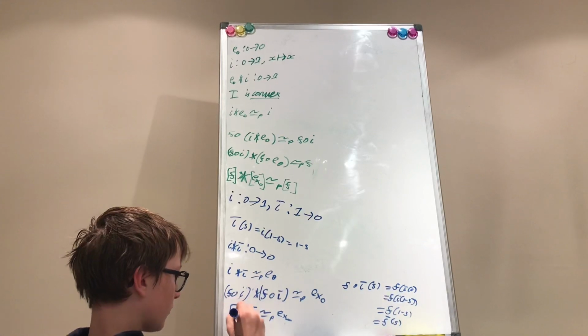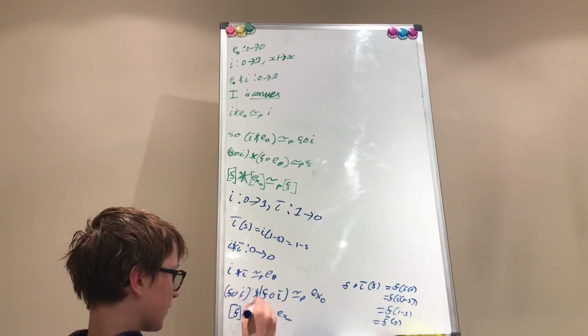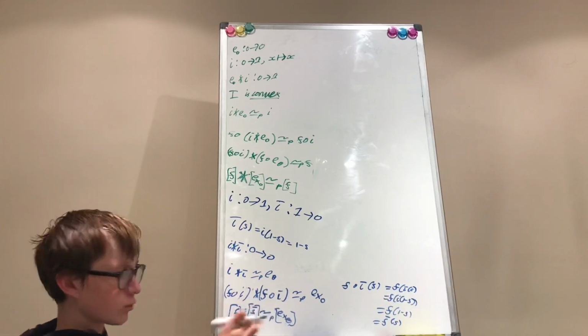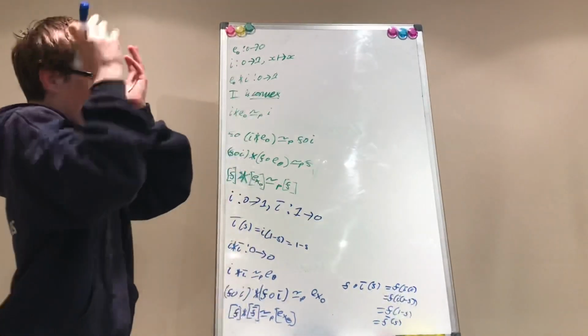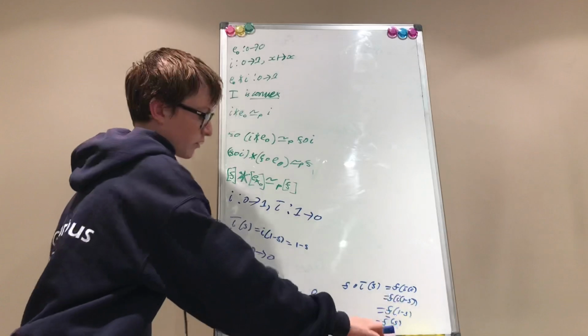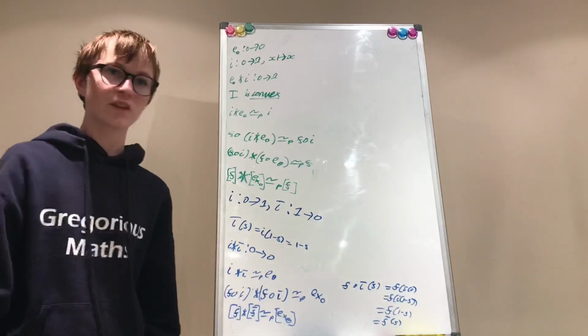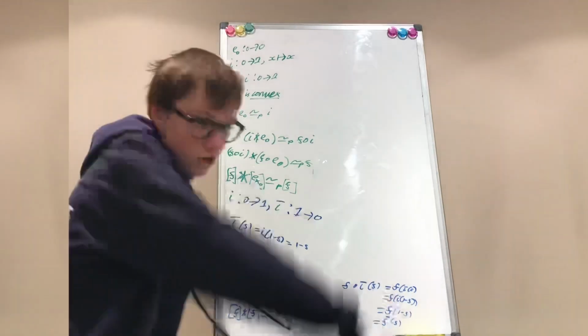Now taking the equivalence classes on both sides, we have inverses. Yes, I have enough space to prove both of these, and last but not least, associativity.